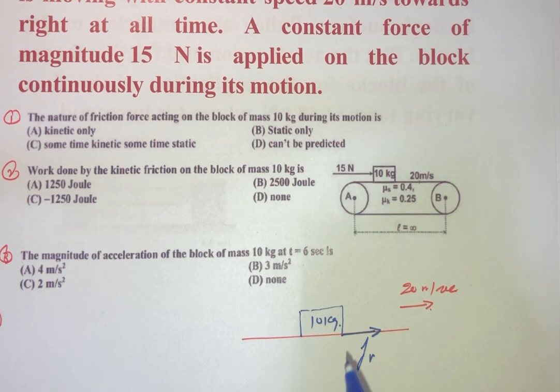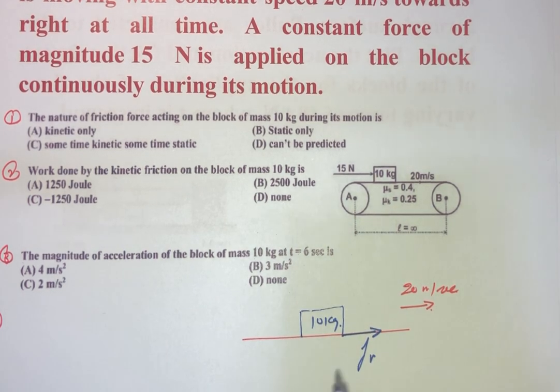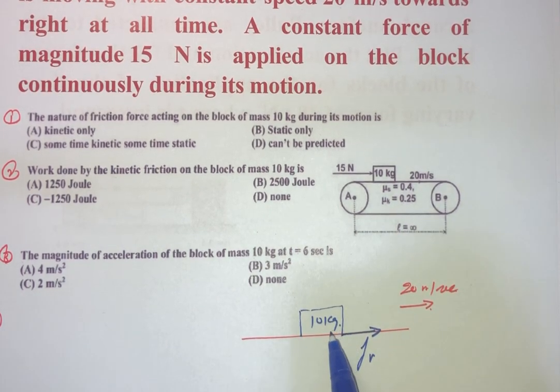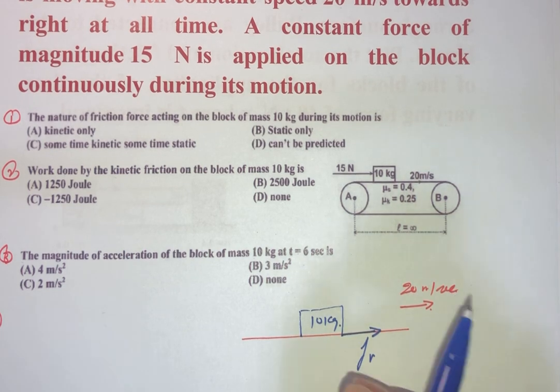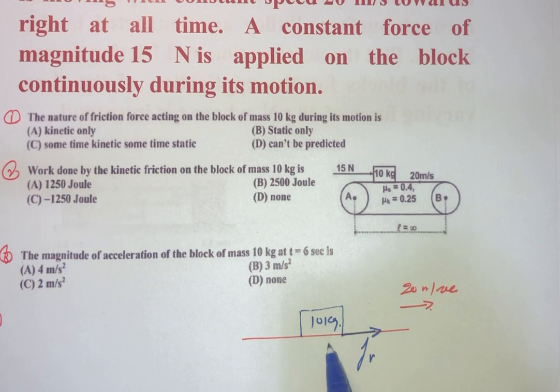After some time, what's going to happen? The velocity of the box will steadily become almost equal to the velocity of the conveyor belt. Under this condition, the relative motion between the box and the conveyor belt will be 0.